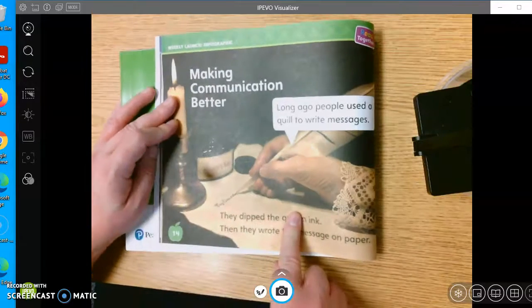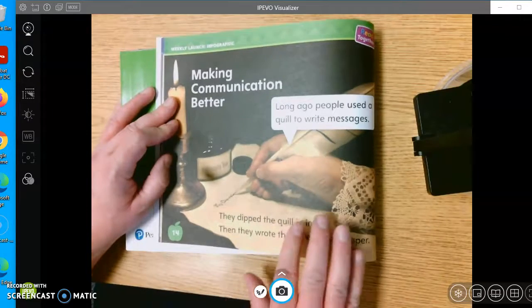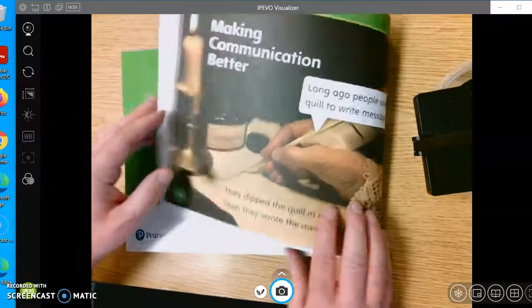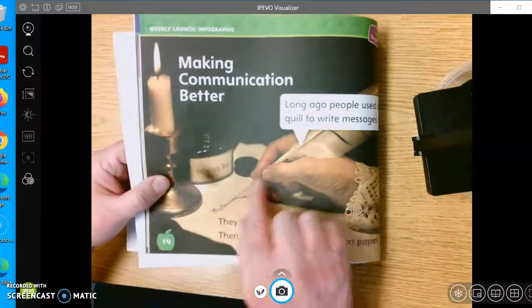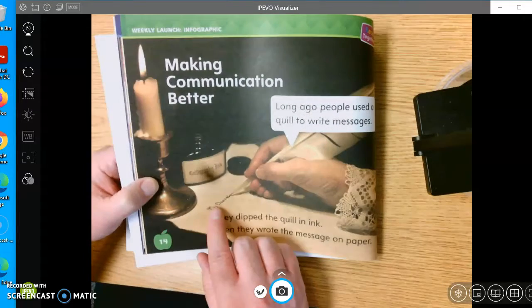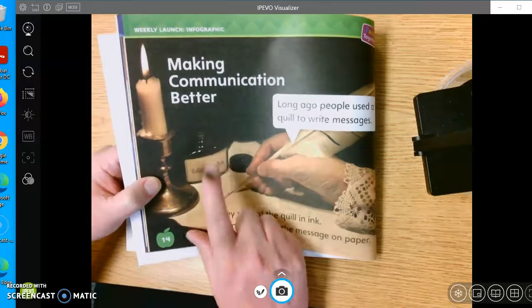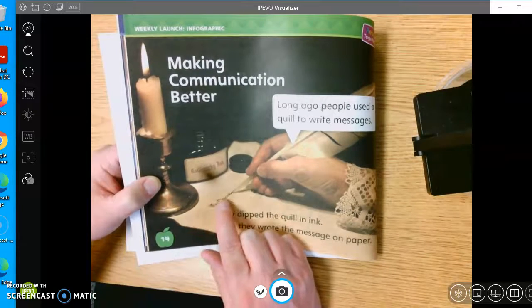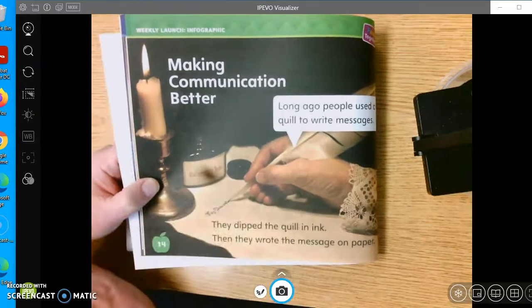Now, if I look at this picture on page 14, do you think that's communication now or in the past? I see a person holding a feather, and it was called a quill, dipping it into ink, and then writing like that. Now look at the candle. That's a clue too, a detail that tells me that's probably someone communicating in the past.